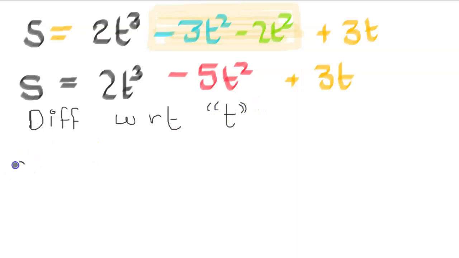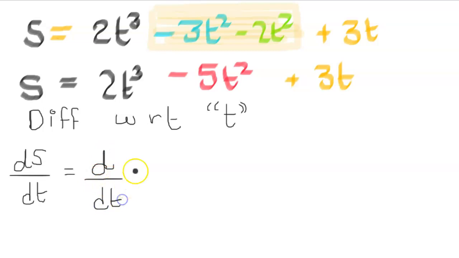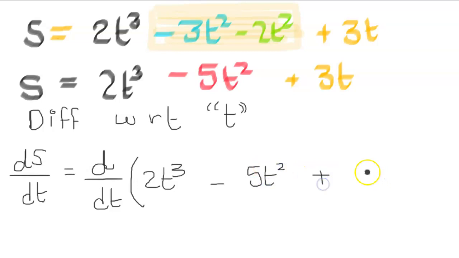So I'm just going to do a ds over dt here, and d over dt on that side, and I will copy the whole thing. Now I will start differentiating this one, that one, and this one.